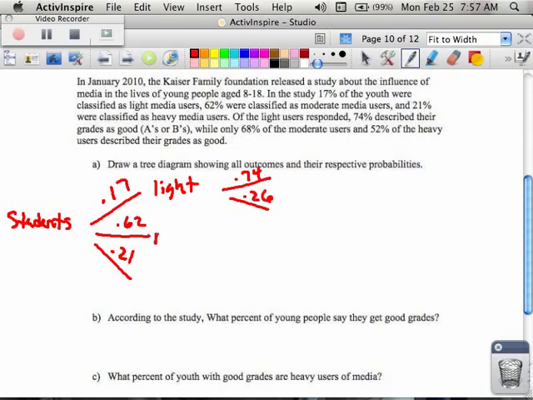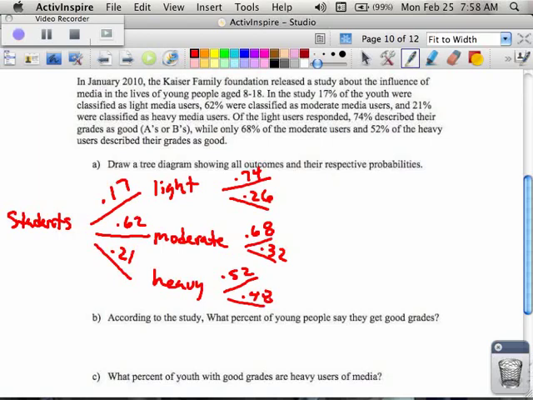Of the moderate users, we had 68% being good, which means 32% were not good. And of the heavy users, 52% were good, which meant 48% were bad.